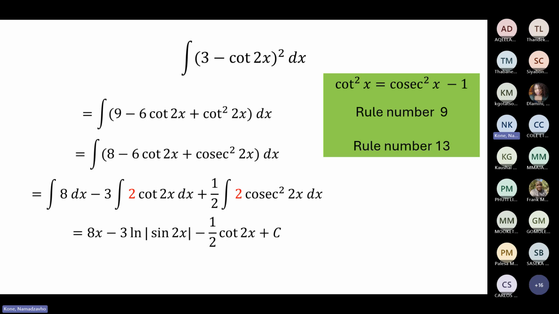And the reason why the sign changed on the third term from plus to a minus is because if you check rule number 13, the integral of cosec squared of f of x is minus cot f of x. So that is where this negative sign is coming from. And after you finish all the integrations, you're going to put a plus c at the end. And that gives us the answer to this question.